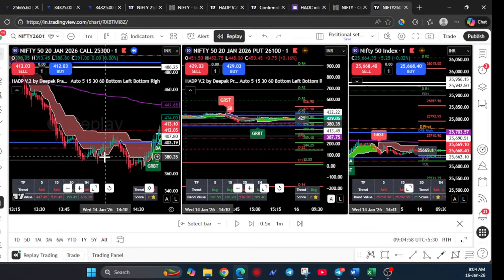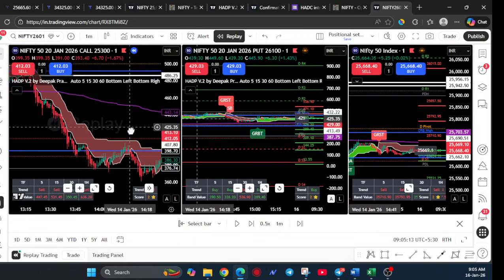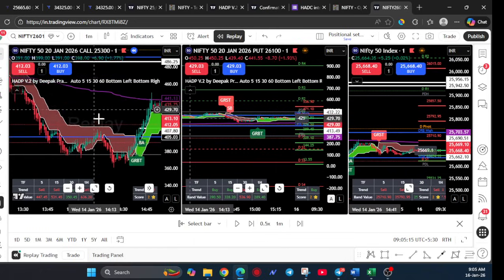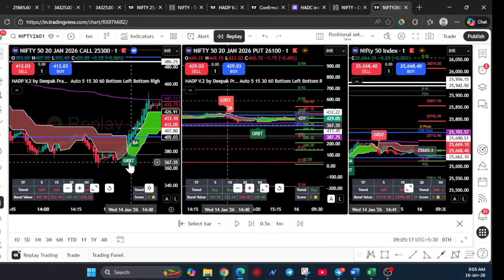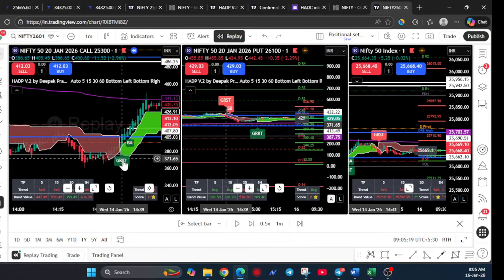Okay, remaining 40%, out of that 20% you exit at, let's say, 30 points or 25 points better. And the remaining 20% you can wait, put a stop loss at your cost and leave it for a GRBT signal to close. So your remaining things you should exit here.